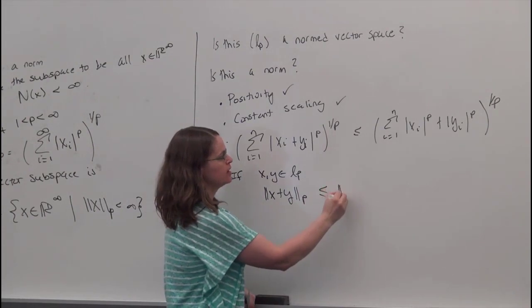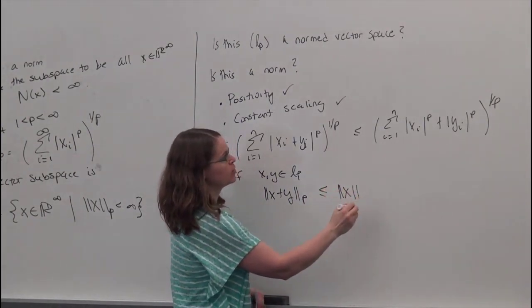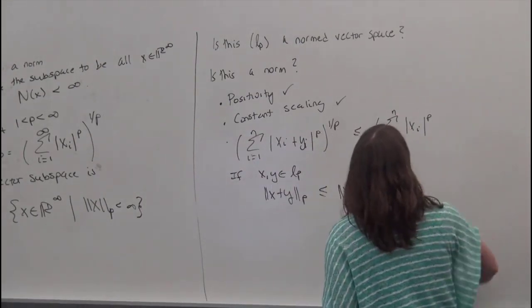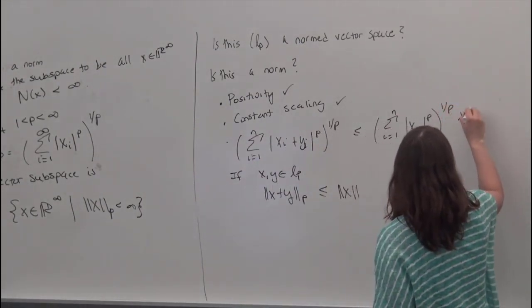On the right-hand side, we get the p norm of x plus the p norm of y. Sorry, I put this one over p in the wrong place.